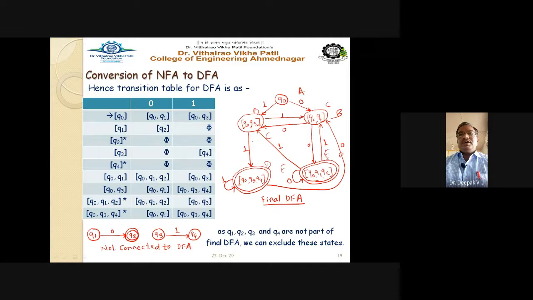The only thing is that the transitions must be correct. From this state only on input symbol 1 go to this state. From this particular state, input symbol 0 go to this state, and on input 1 go to this particular state. The names may be different, but the transitions must be correct.